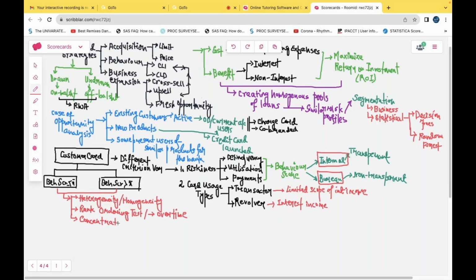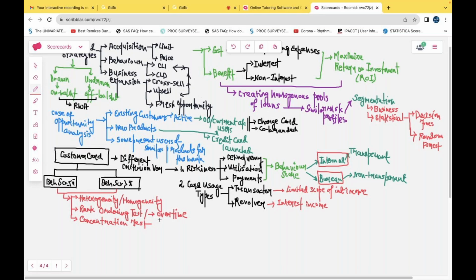It should not be the case that I've created my segments and one segment has only 3% of the records and the other segment has like 97% of the records. If I have such fringe values in segments, then that indicates a concentration issue, and that concentration issue has to be addressed.